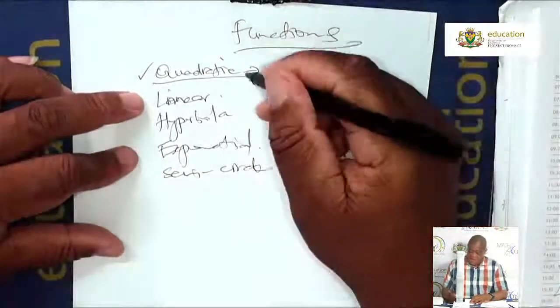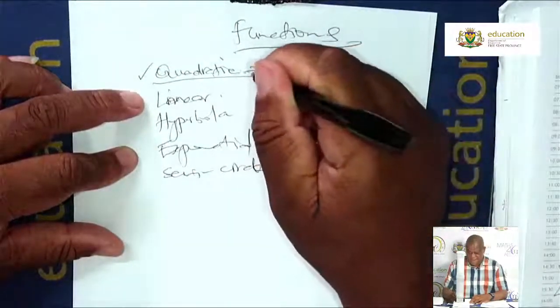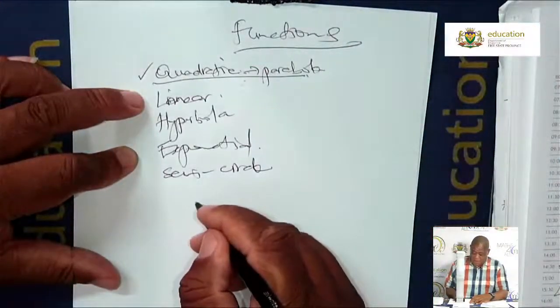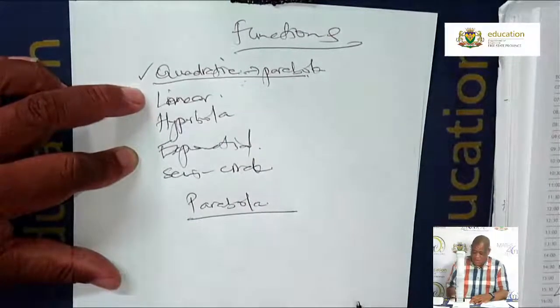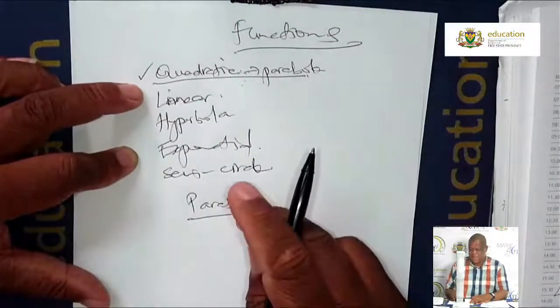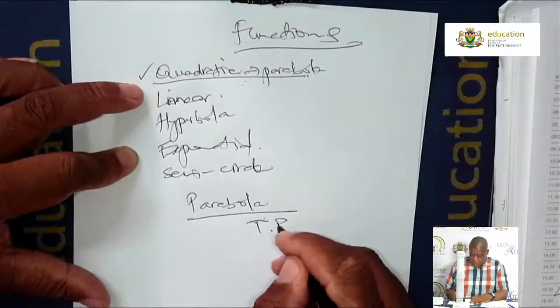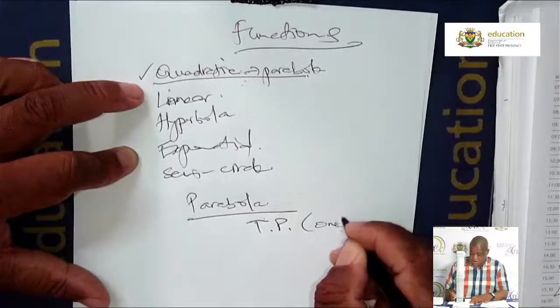Let us know, if we are talking about the quadratic function, what are the elements? How do we deal with the quadratic function? If it's a quadratic function or a parabola, where can we get marks? Each and every parabola has a turning point. It has only one turning point.